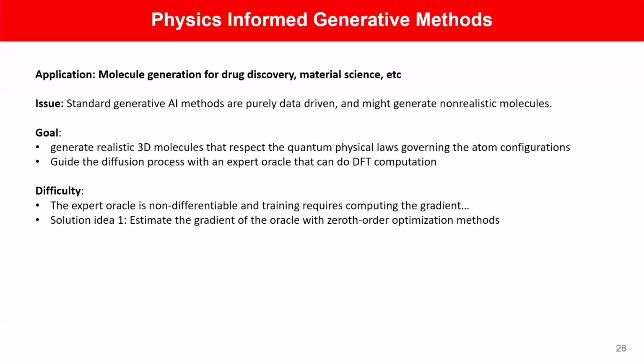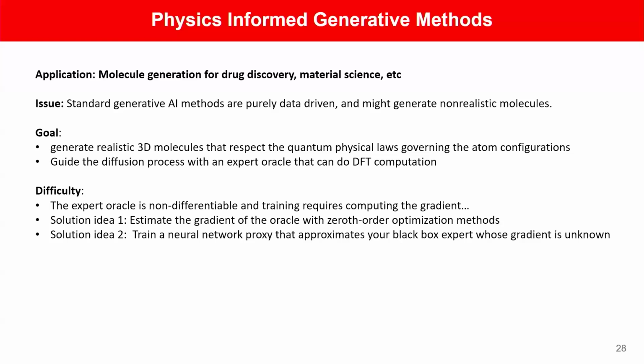The other idea, which people often use, is to train a neural network that approximates your DFT calculations. Because if we have this proxy neural network, you can calculate the gradient and combine things. In this approach, we use the first one, where we just use some zeroth order optimization methods that try to estimate the gradient, and check if that's going to work.